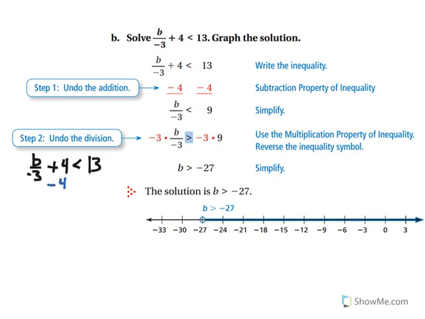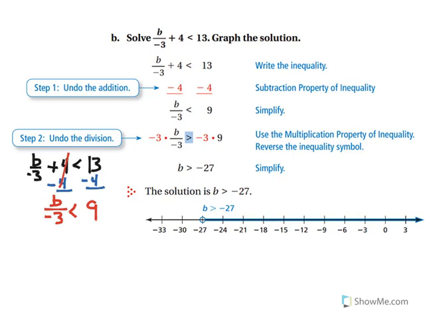So minus 4 from both sides. And the 4's cancel out, leaving us with b divided by negative 3. And then we have 13 minus 4, which gives us 9. And the inequality sign remains the same.